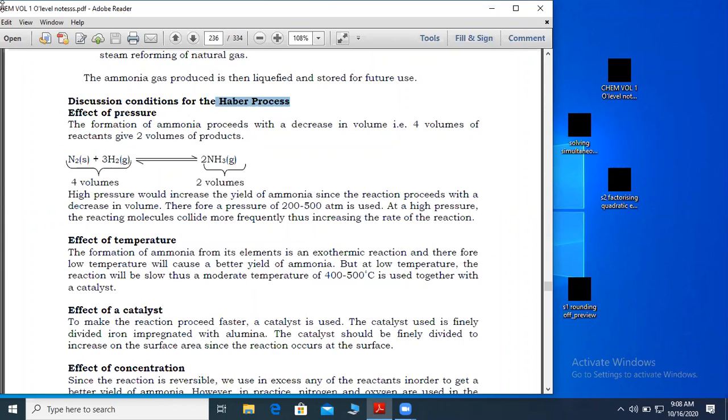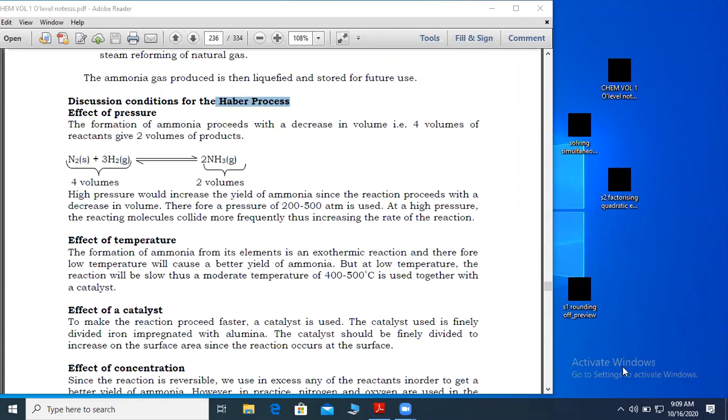The conditions under which ammonia is manufactured. Musasi's Kathy, can you tell us those conditions? Save time, please. When I call upon you, it is a privilege.